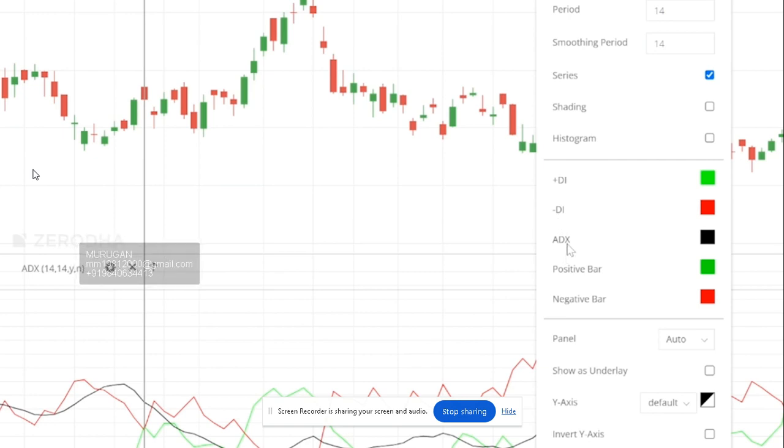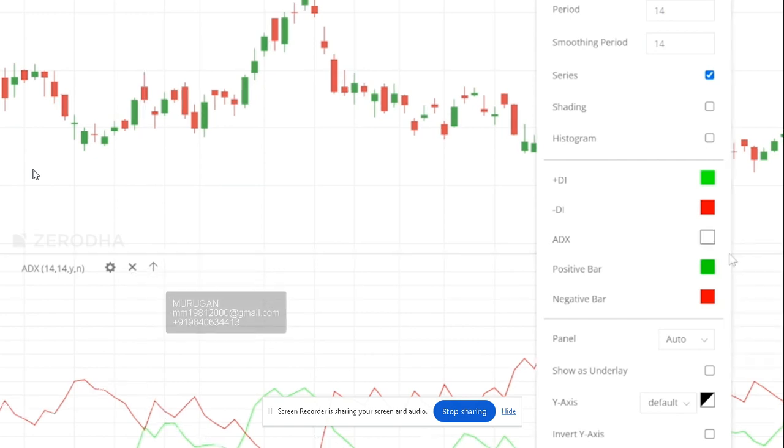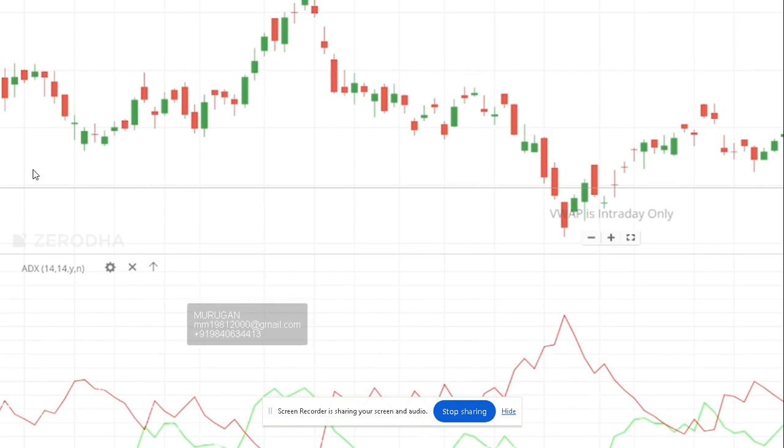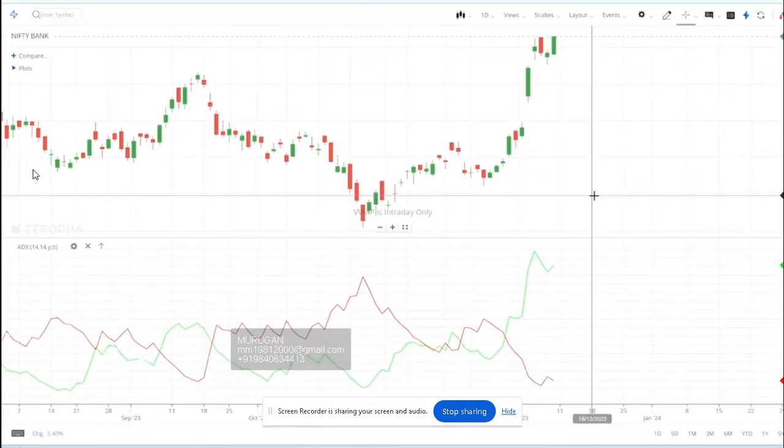The black line is the average directional index. For the time being, we just make ADX disappear and concentrate only on the positive directional index and negative directional index.